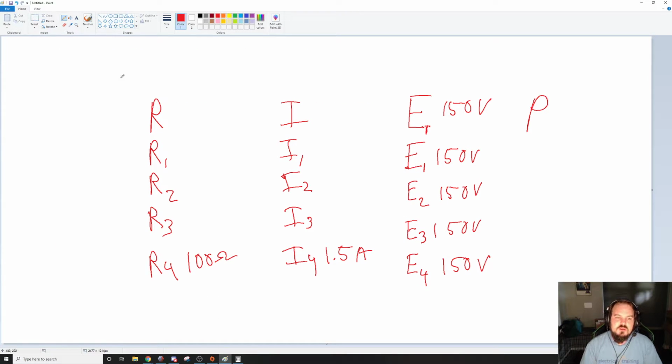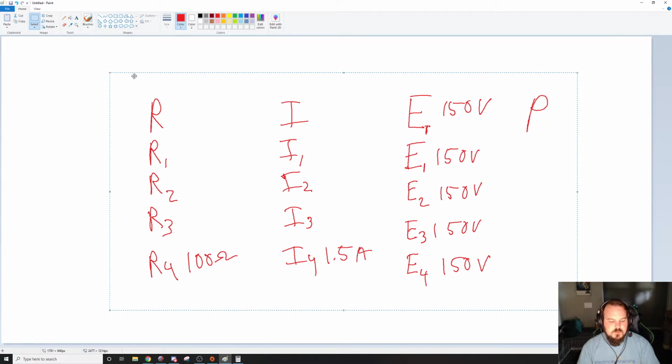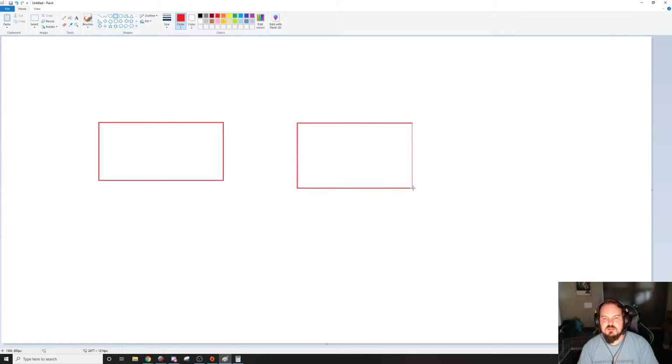I'll just show you a picture. So you want them connected. Let's make a box. Let's make a couple boxes. Making some car batteries. And let's make a terminal, and a terminal, and a terminal, and a terminal. Yay!